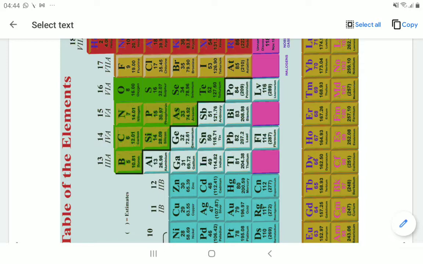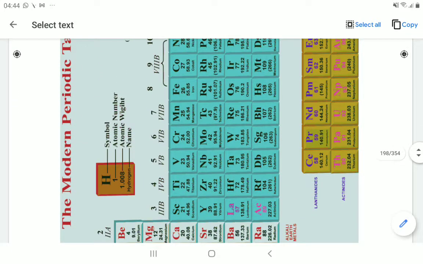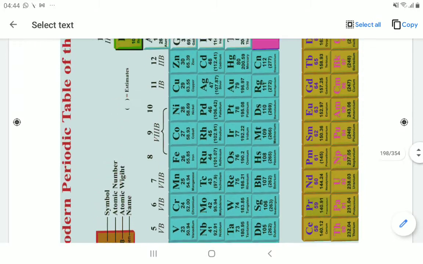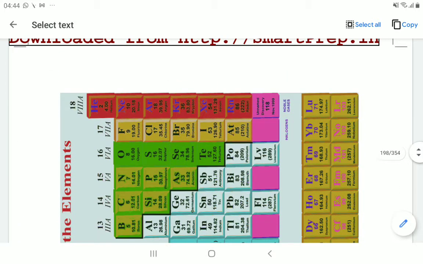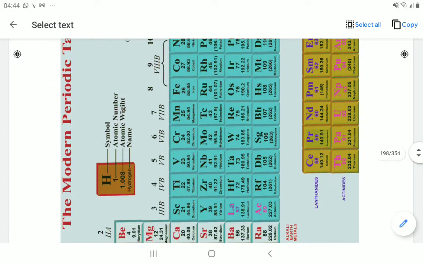These 5f elements are called the actinoids, and the 4f elements are called the lanthanoids. The actinoids run from thorium, atomic number 90, to lawrencium, 103.